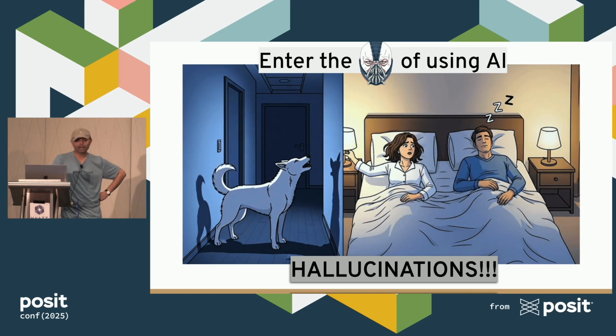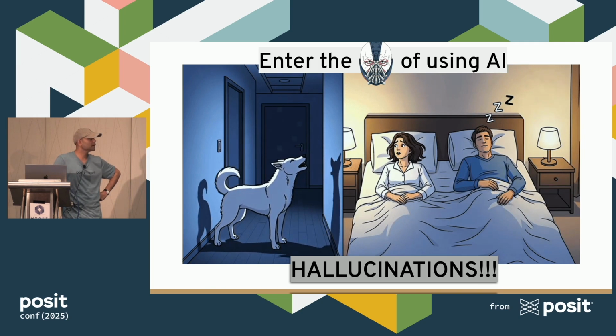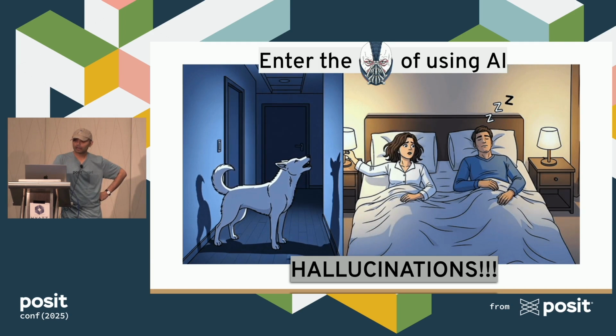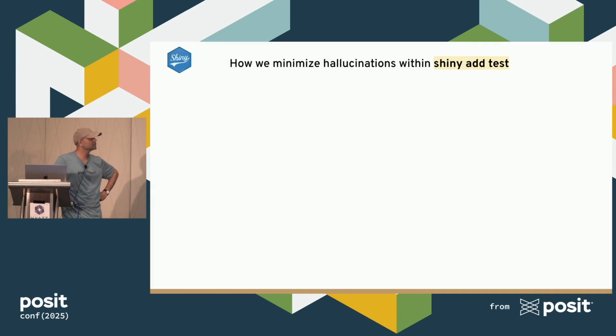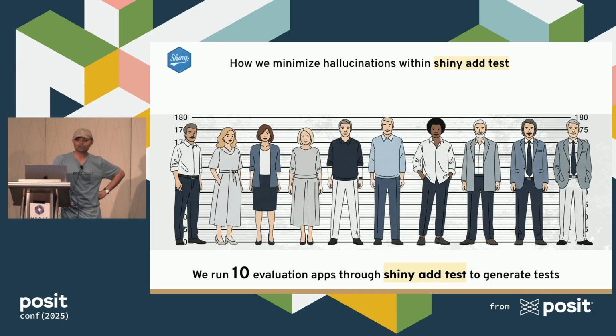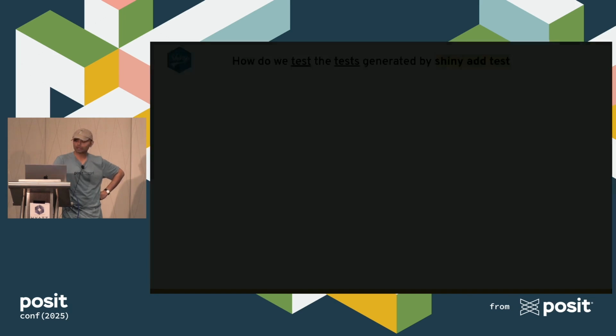So again, how do we deal with that? Because that's a big part of integrating with AI. We try to avoid it by running an evaluation suite when we pass the training data. We monitor how well the AI integration is doing by running through 10 test apps, and then we ask it to generate tests for these test apps.